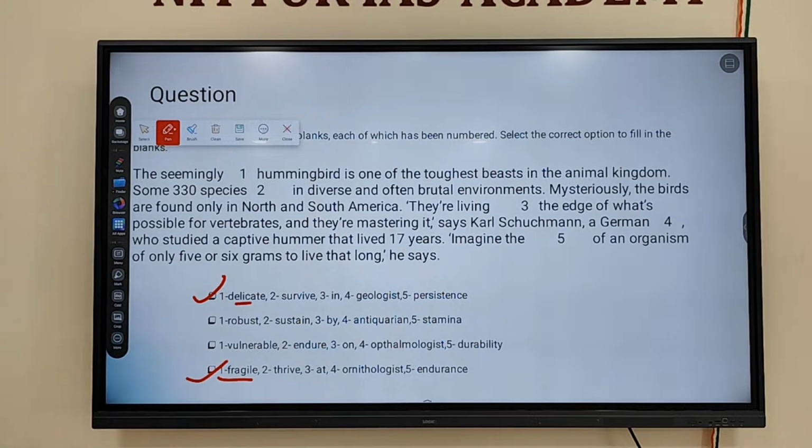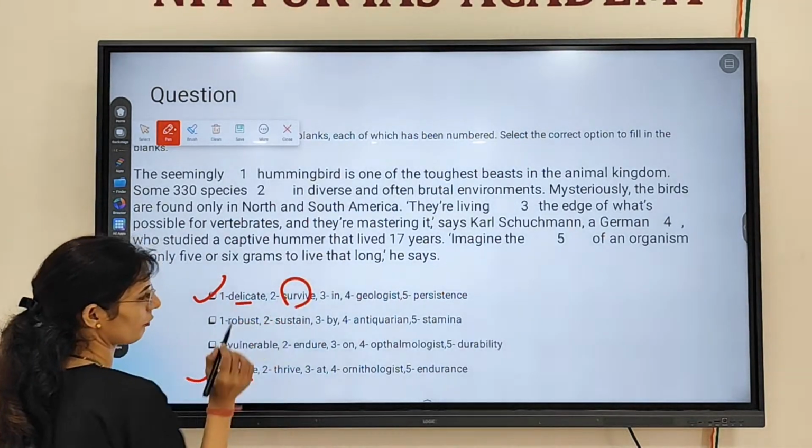Among the 330 species, dash in diverse and often brutal environments, who survive or who thrive. Thrive, the better word is thrive. Who thrive in the vulnerable environments or who thrive in the brutal environments. Still, we are not sure of the meaning.